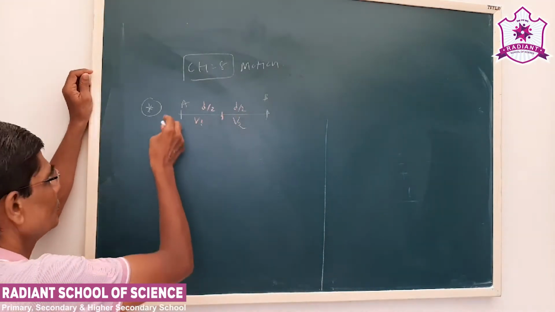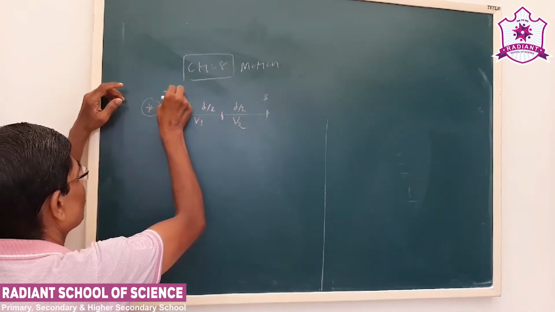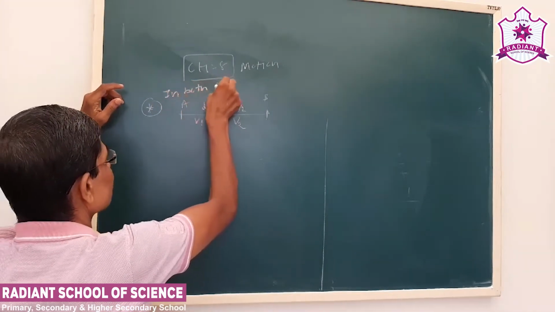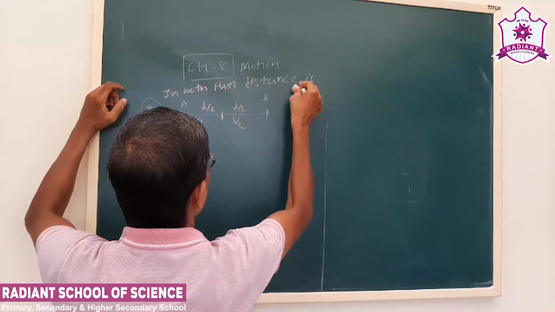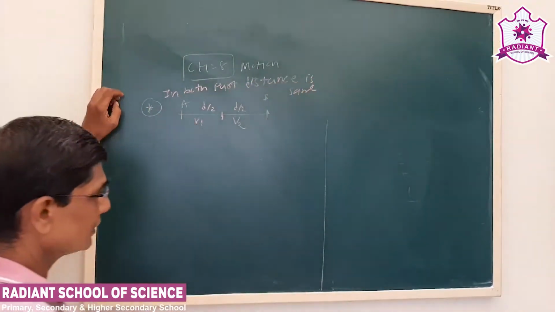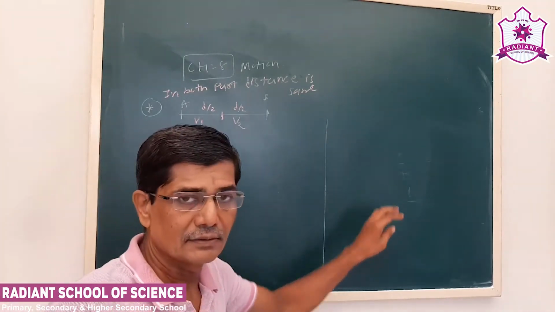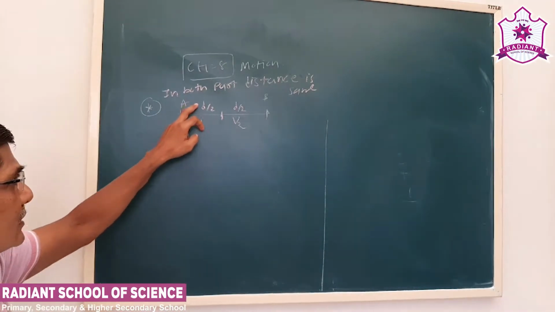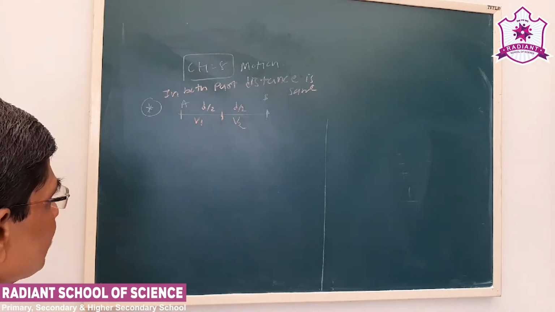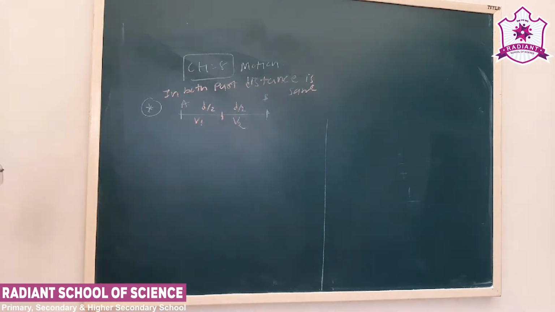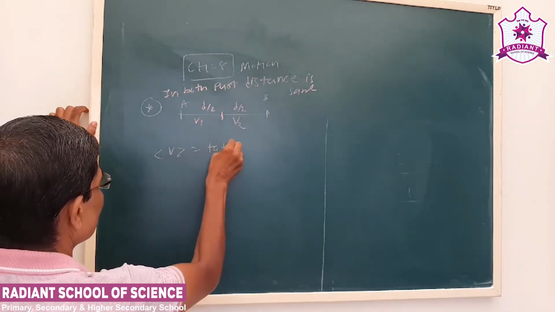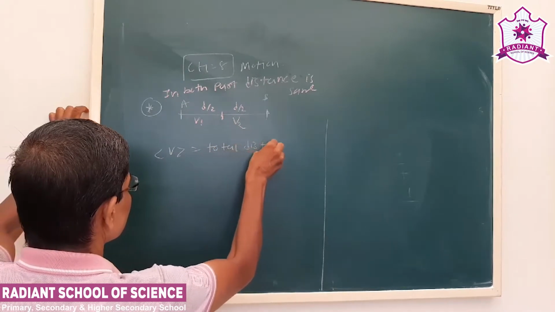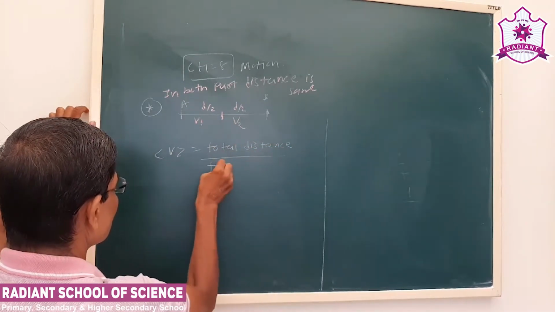So here we say that in both parts distance is the same. The question says half of the distance covered it moves with the speed v1 and the remaining half distance with the speed v2. What you have to calculate? Average speed. Now what is the formula of the average speed? Total distance upon total time.